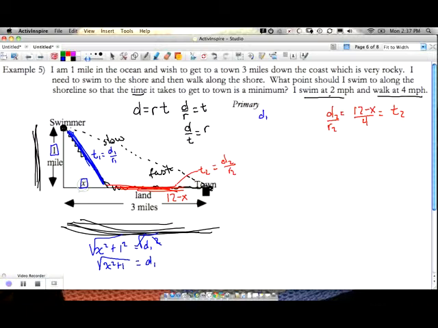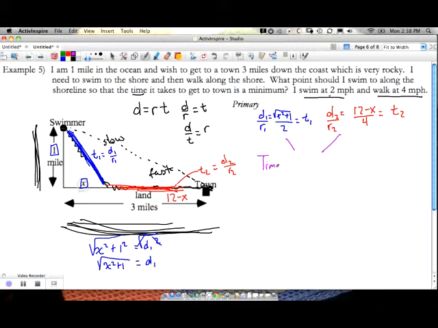So the first distance is equal to the square root of x squared plus 1. And if I divide that by the first rate, which in this case is 2, that gives me the first time.